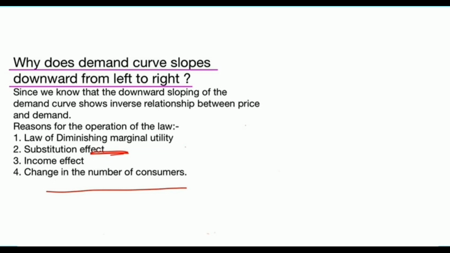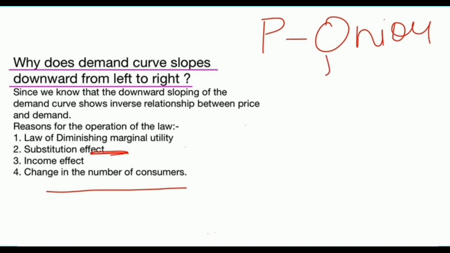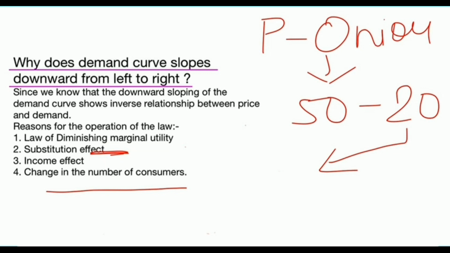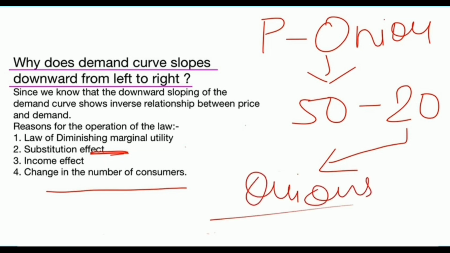For example, if the price of onion was rupees 50 and it decreases to rupees 20, the new consumers who were not purchasing because they did not have that income level will start purchasing onions. So the demand for that commodity increases.